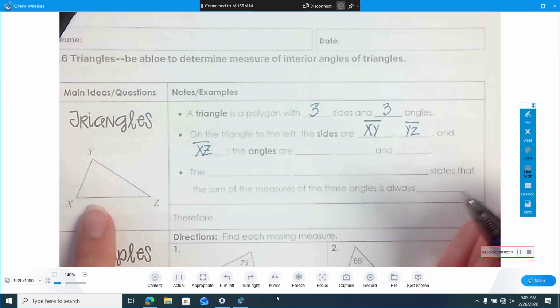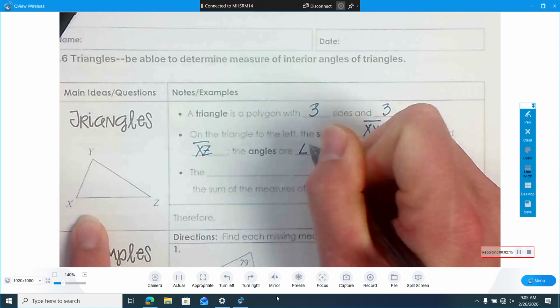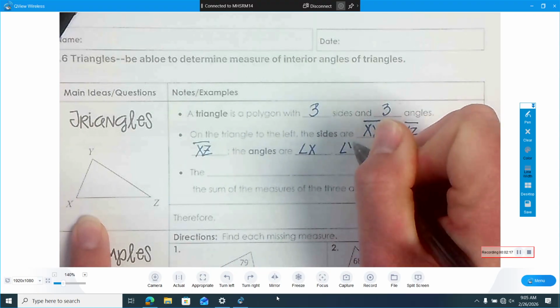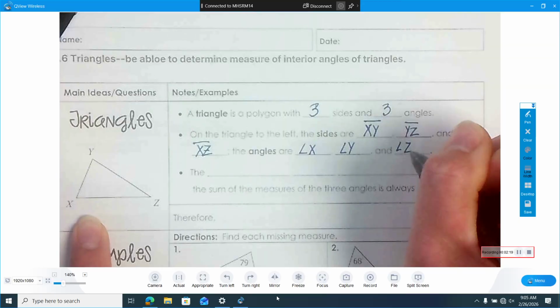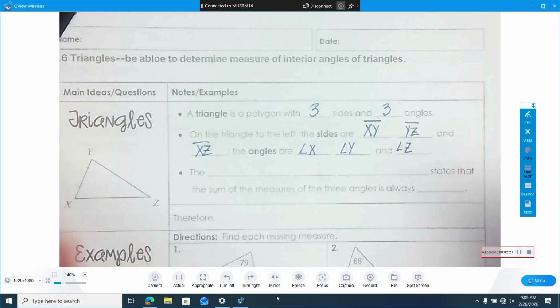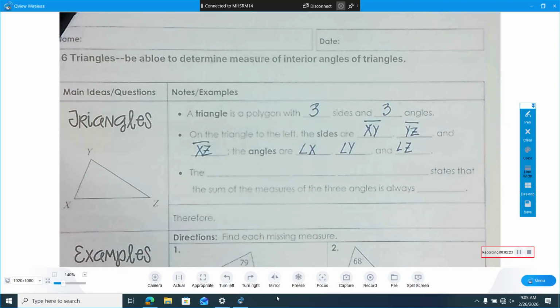And then we have 3 angles as well. So angle X, angle Y, and angle Z. I cross my Z's so they don't look like 2's. I recommend doing that. So 3 sides and 3 angles. Very good.